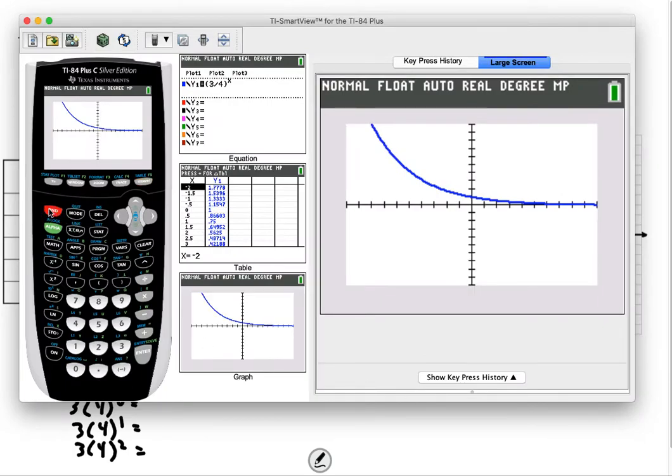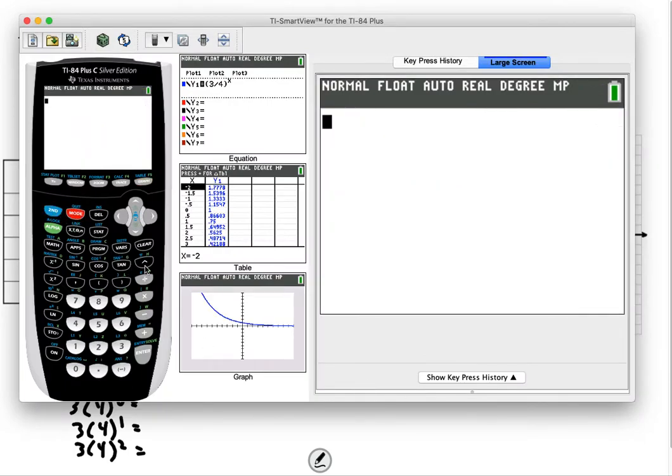So I'm going to get out of this, I can quit. I'm going to plug in 3, parentheses, 4, parentheses, caret key, -2. Enter. And it tells me it's 0.1875.